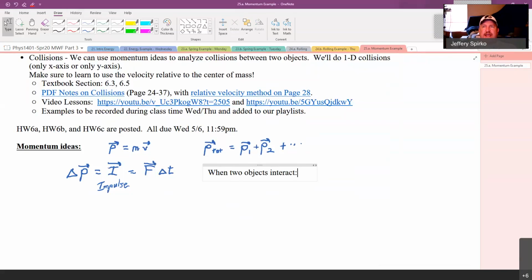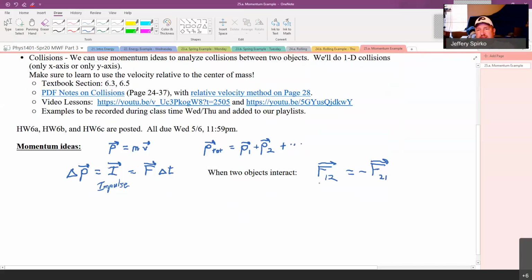When two objects interact, they interact by exerting forces on each other. Maybe they exert repellent forces on each other, or maybe they're attracted toward each other, or something like that. So we know F12 is equal to minus F21. That's the equation version of Newton's third law.